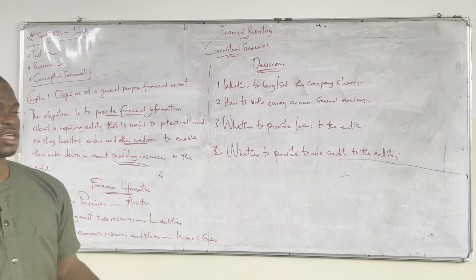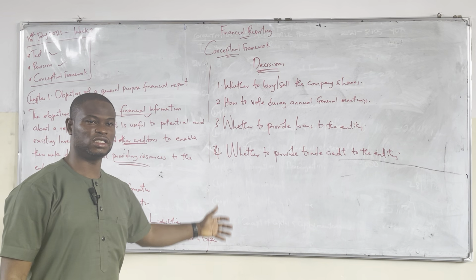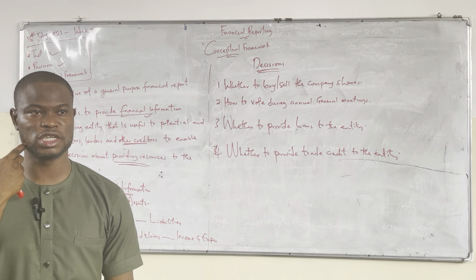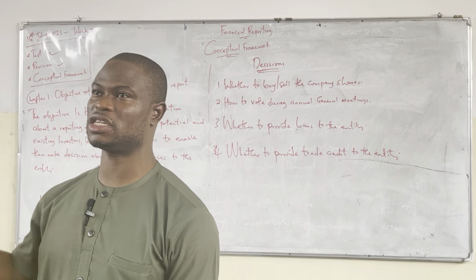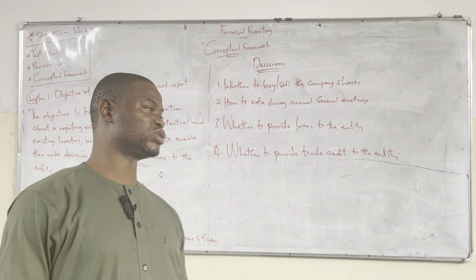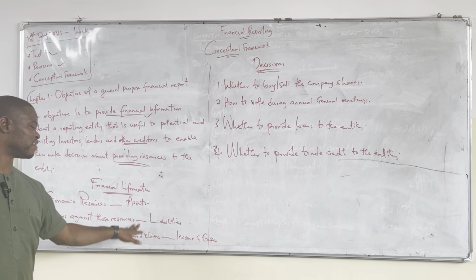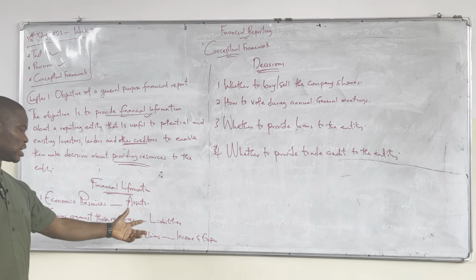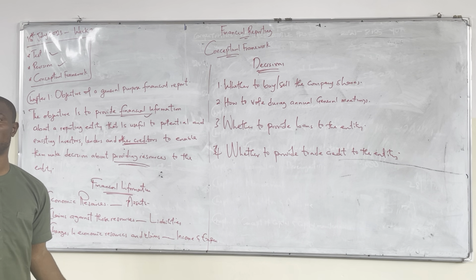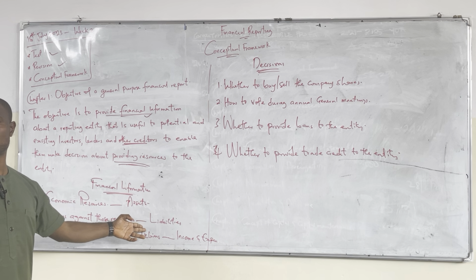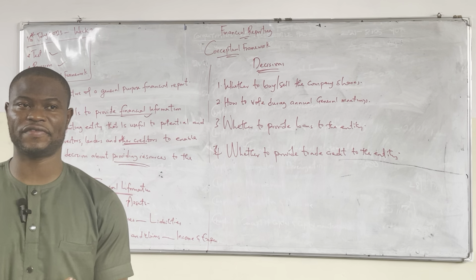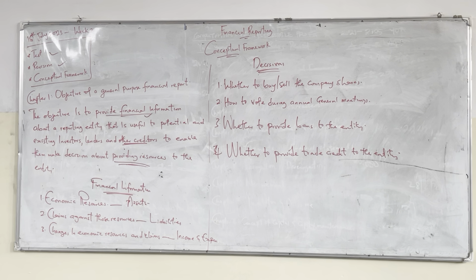Majorly, primarily, these are the decisions these guys want to make with the financial information you give to them. From there, they will see how you have managed your resources, how you have converted it to income, the level of obligation you have. Do you have sufficient assets to cover your obligations? Then they'll be able to make all of these decisions with the financial information. So that's chapter one. Any question on chapter one?